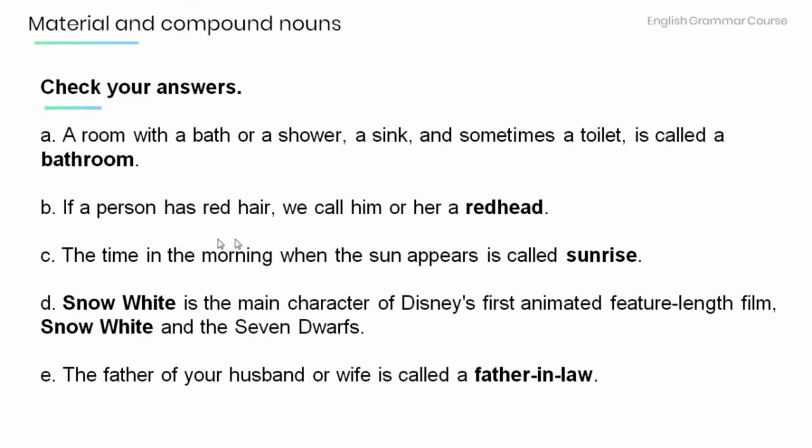If a person has red hair, we call him or her a redhead. The time in the morning when the sun appears is called sunrise. Snow White is the main character of Disney's first animated feature-length film, Snow White and the Seven Dwarfs. The father of your husband or wife is called a father-in-law.